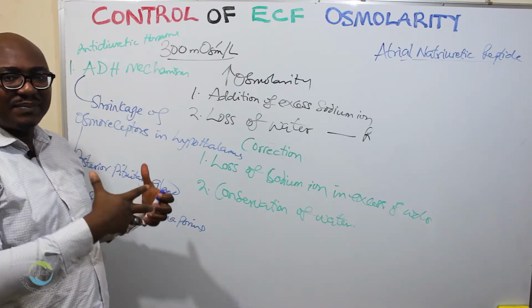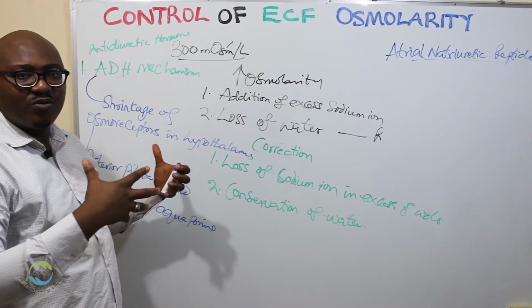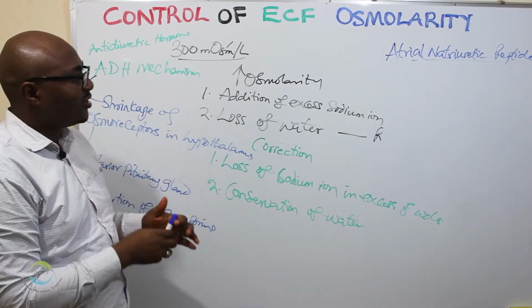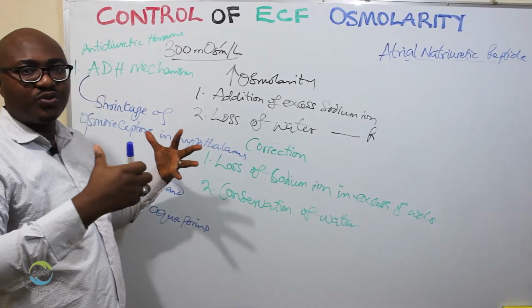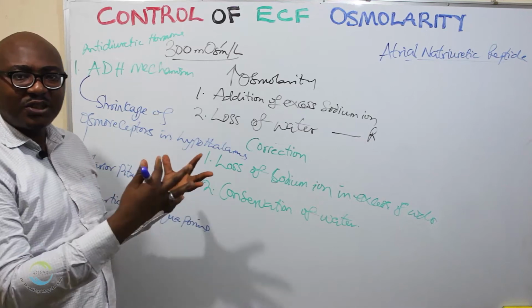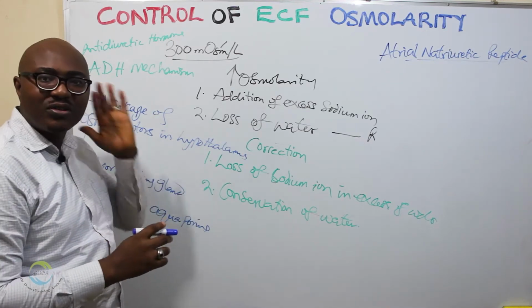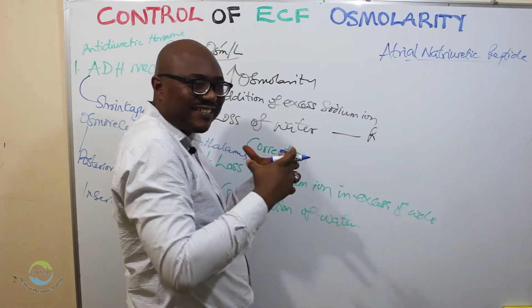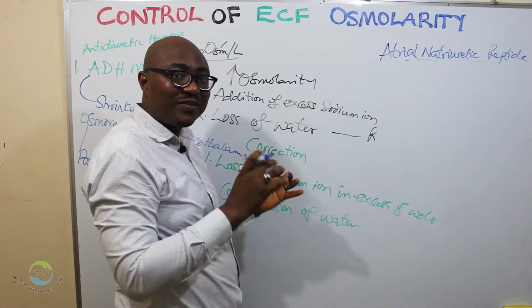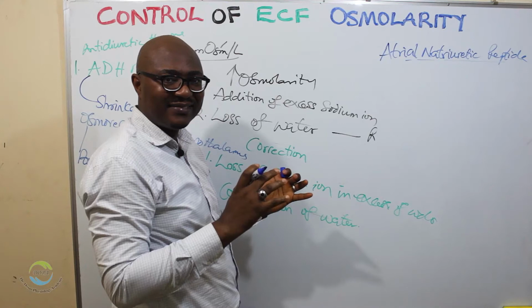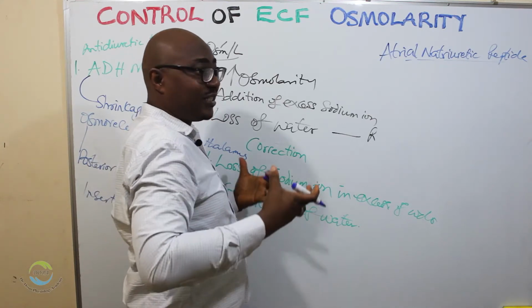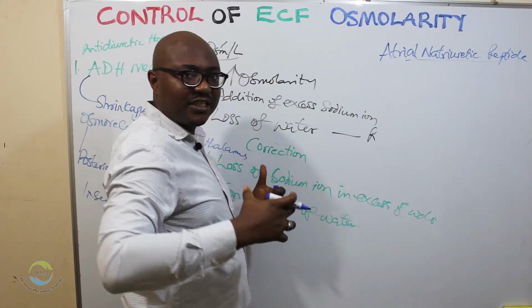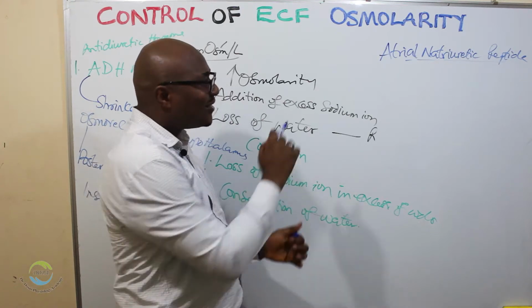It is volume expansion. When ECF volume becomes increased, pressure is increased, and we don't want increased pressure. So that increased pressure stretches the walls of the atrium. You understand? When there's increased volume, it stretches the walls of the atrium and it detects it.